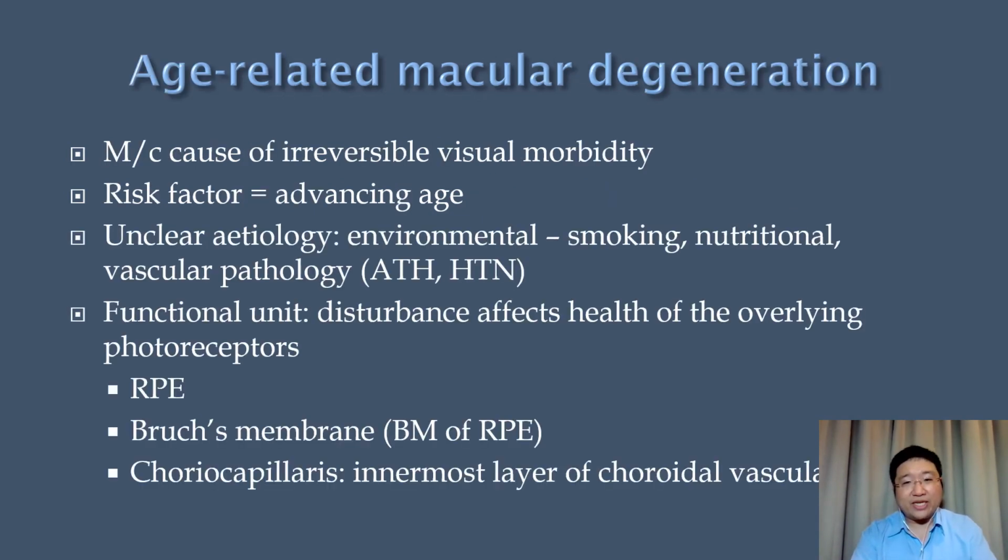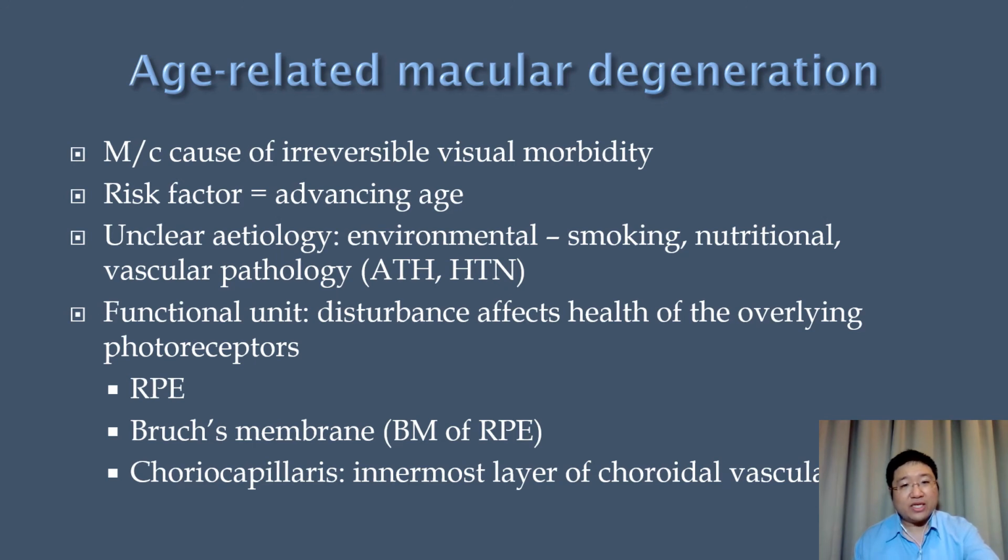Age-related macular degeneration is the most common cause of irreversible visual morbidity. The risk factor is advancing age. The etiology is still unclear. It can be associated with smoking, nutritional conditions, and vascular pathology, including atherosclerosis and hypertension.